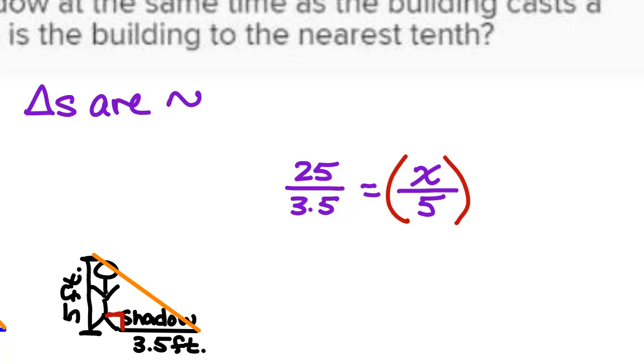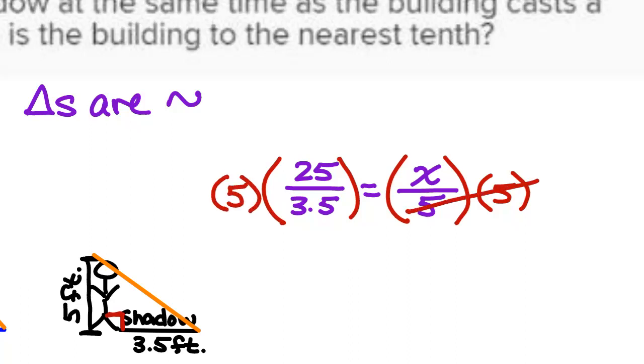If I'm going to multiply something to one side, I have to do it to both sides, so I'm going to have to do it to this side as well. And what should we multiply by to get rid of the fraction? 5. Is it always going to be a number that we multiply by? No, it'll always be whatever's on the bottom of the fraction, whether that's a variable or a number. So I'm going to cancel that out.